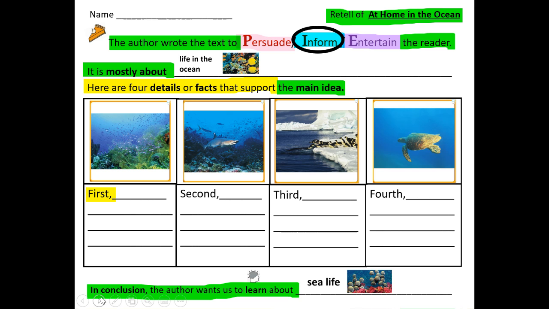So first, what are some plants and animals in the ocean? What can you tell me about plants and animals in the ocean?